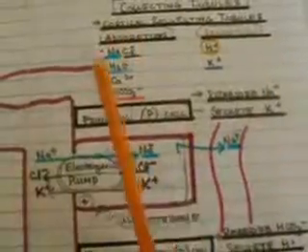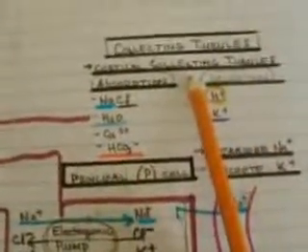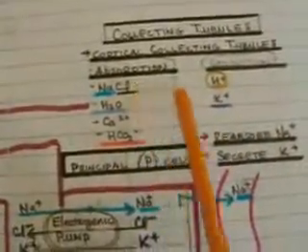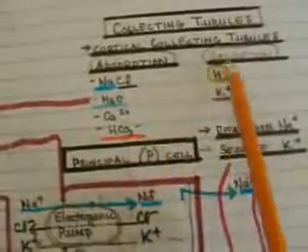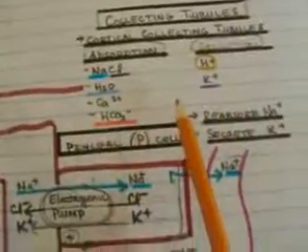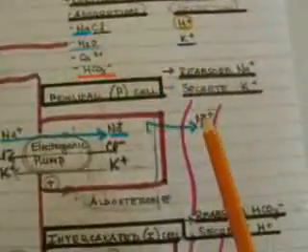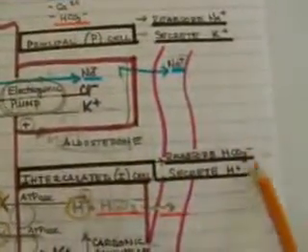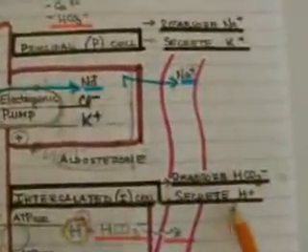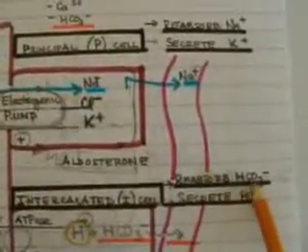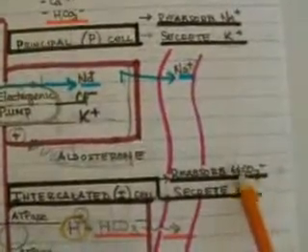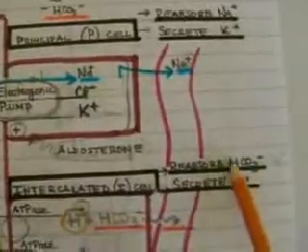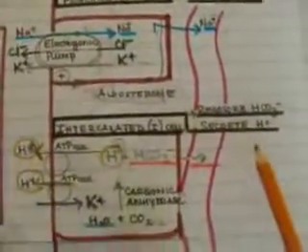For example, in the cortical collecting tubules, the primary function is the reabsorption and secretion of differing electrolytes, as well as the management of the acid-base, or the regulation of the acid-base pH system. For example, the reabsorption of bicarb and the secretion of hydrogen ions help to regulate the acid base.